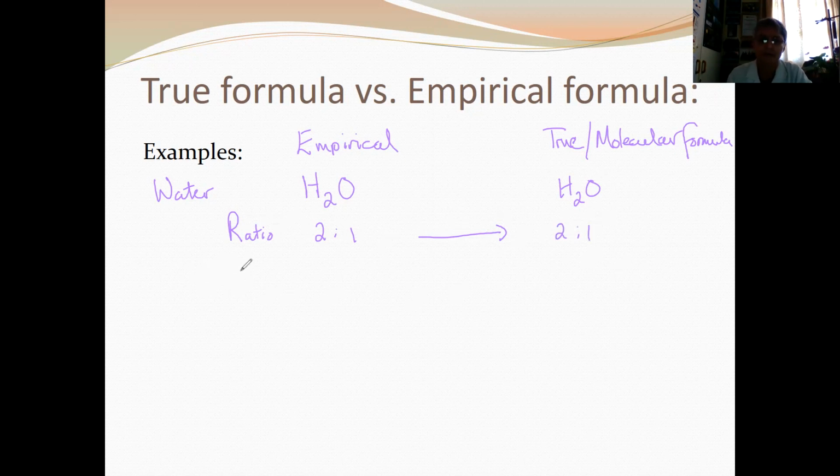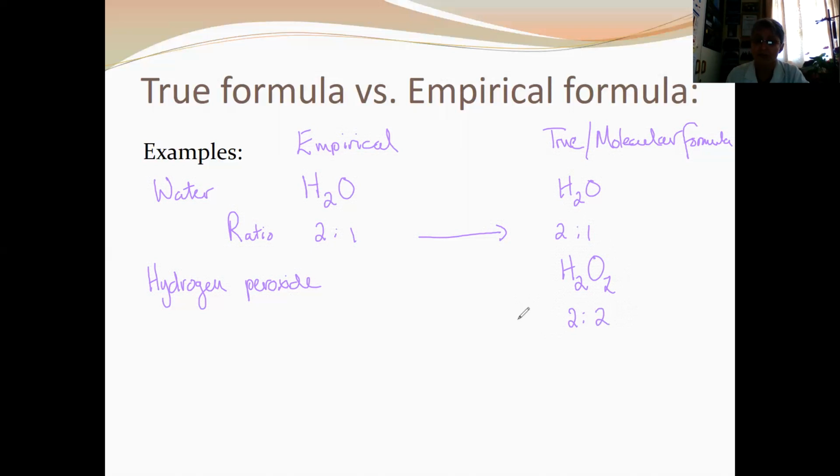Let's use another example, hydrogen peroxide. Now, hydrogen peroxide's true formula or the molecular formula is H2O2. So the ratio in which the atoms combine is 2 hydrogens to 2 oxygens.